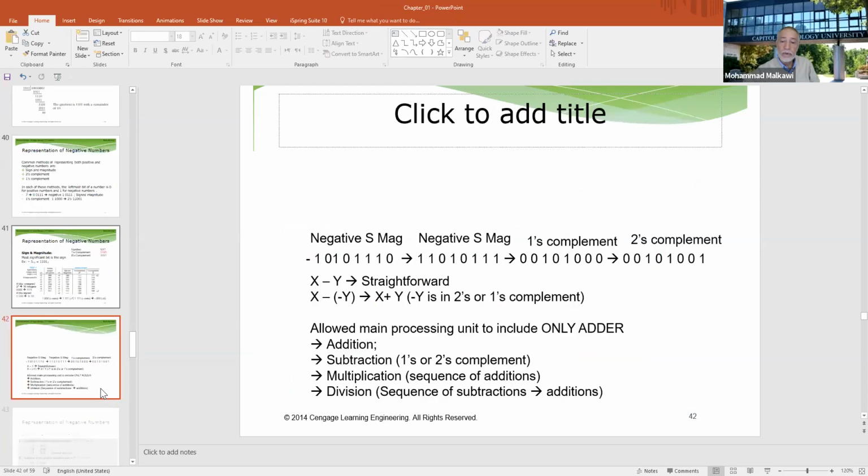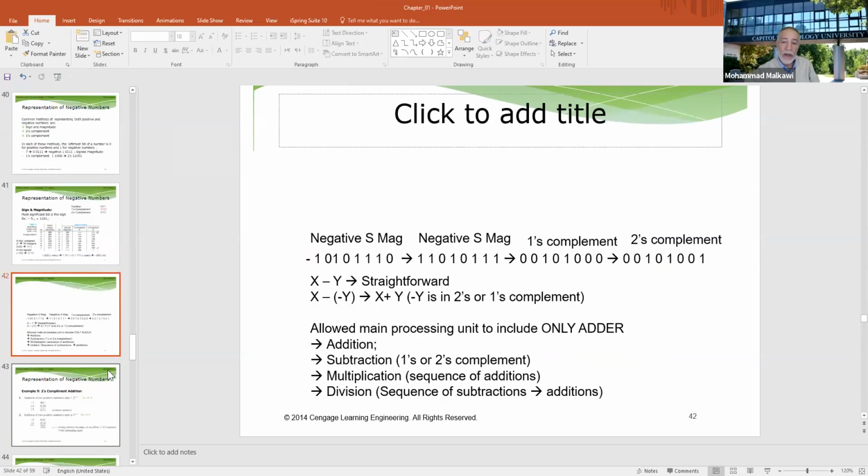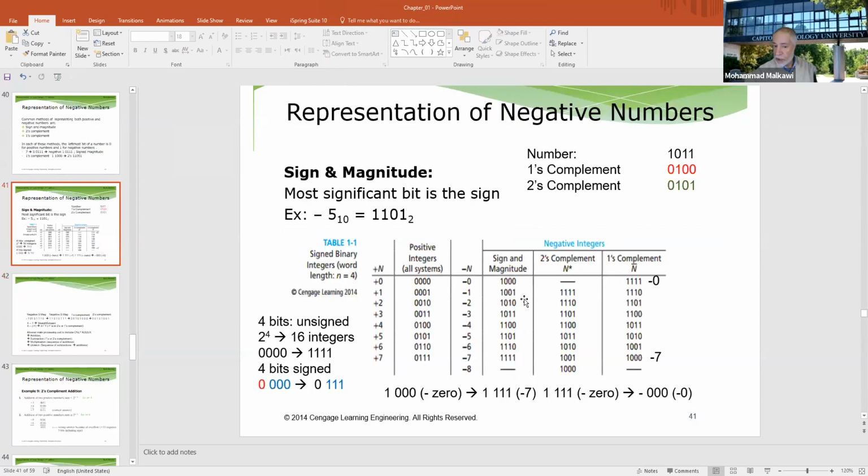That's why, if I am asked why computer systems prefer 2's complement over 1's complement or sign magnitude: number one, we have one single representation for the 0, which is the +0. We don't have a -0, and then we have one more integer which can be represented for the 4 bits. We can use -8.